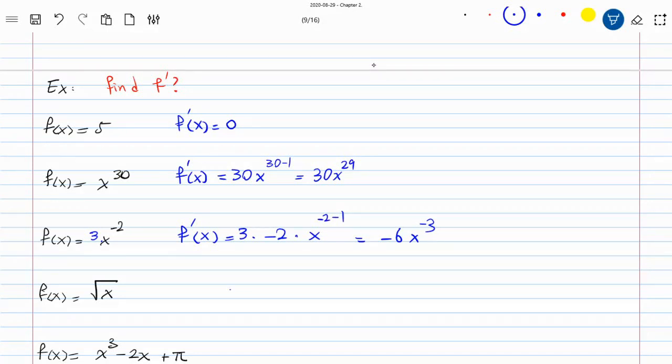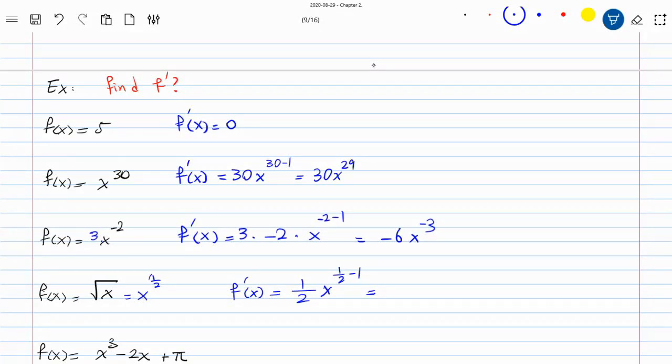How about this case? Square root of x. You might ask, we didn't learn anything about the derivative of square root. Not really, but we learned about x to some power. x to the power 1/2. What is the derivative? Again, you drag down the exponent and subtract 1 from the exponent, 1/2 minus 1. It's the same power rule.